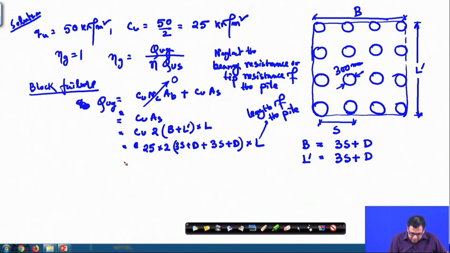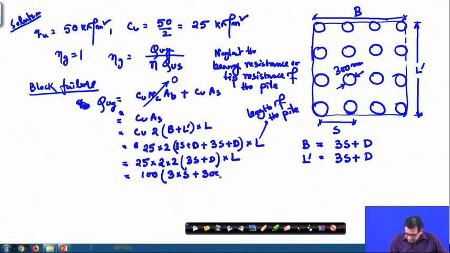Taking 2 into 2, this will be 25 into 2 into 2 into (3S plus D) into L, which equals 100 into (3S plus 300 millimeter) into L. S is in millimeter here, because D is in millimeter. So, this is for the block failure.